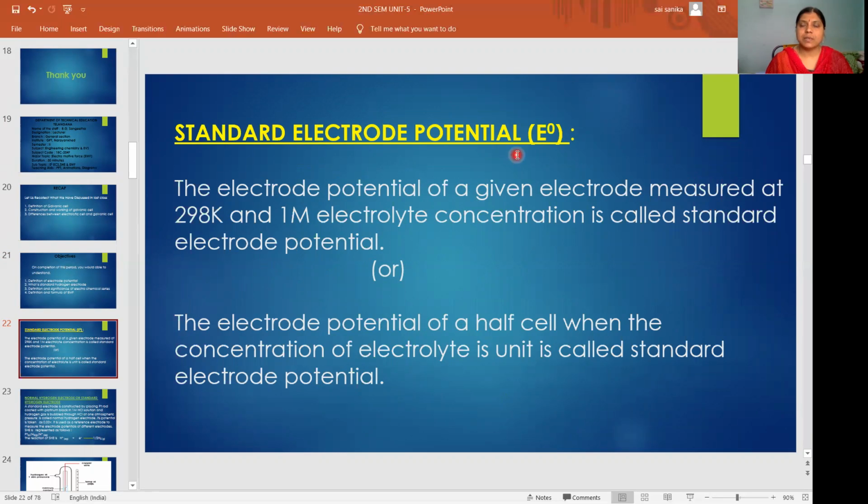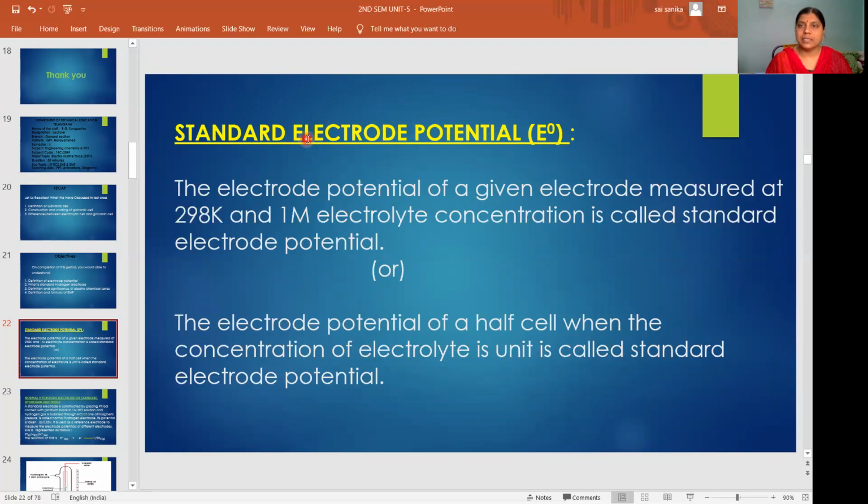In first semester we studied what is electrode potential. The capacity to lose or gain electrons by an electrode is called electrode potential.